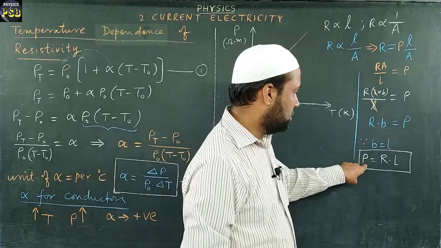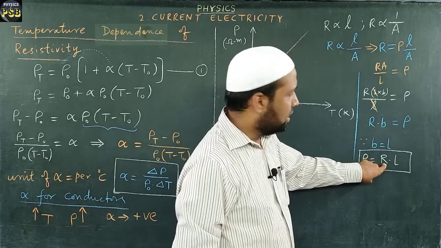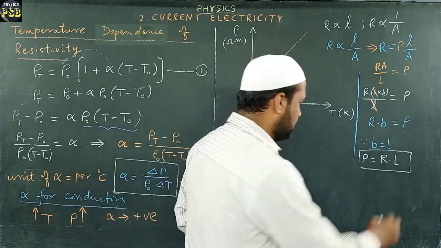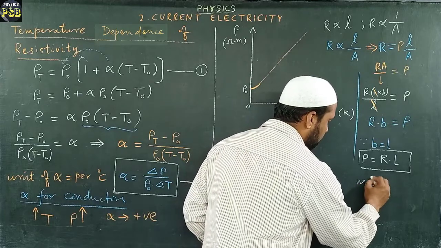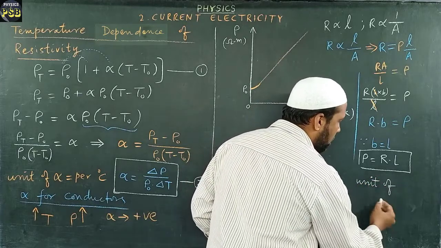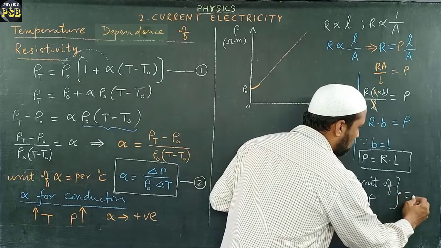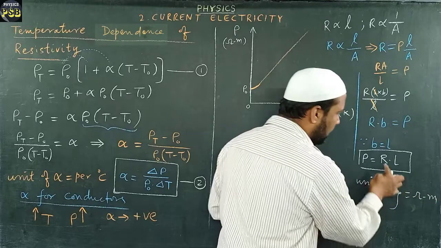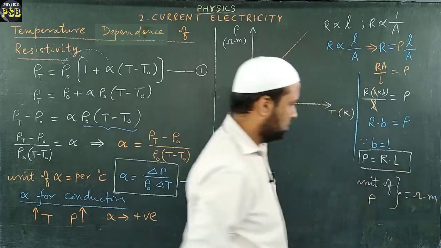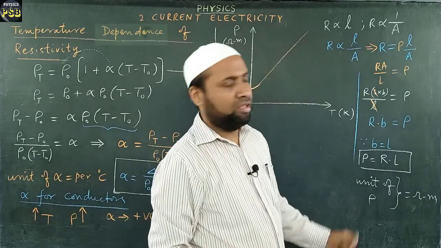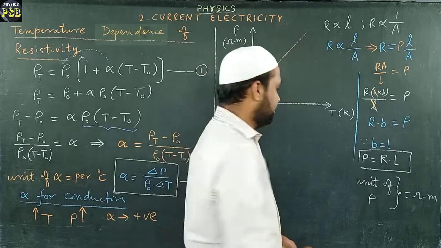So rho is equal to the product of resistance and length. That means the unit of rho is ohm meter. Here resistance is measured in ohm and length is measured in meter. This is how we get the unit of resistivity.